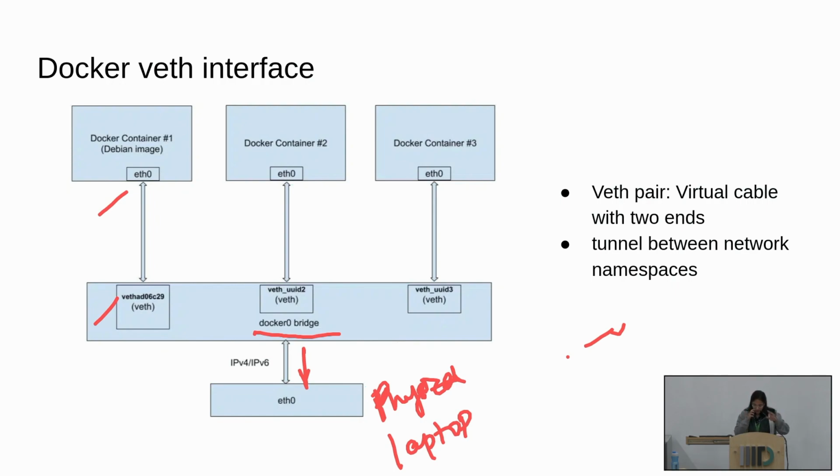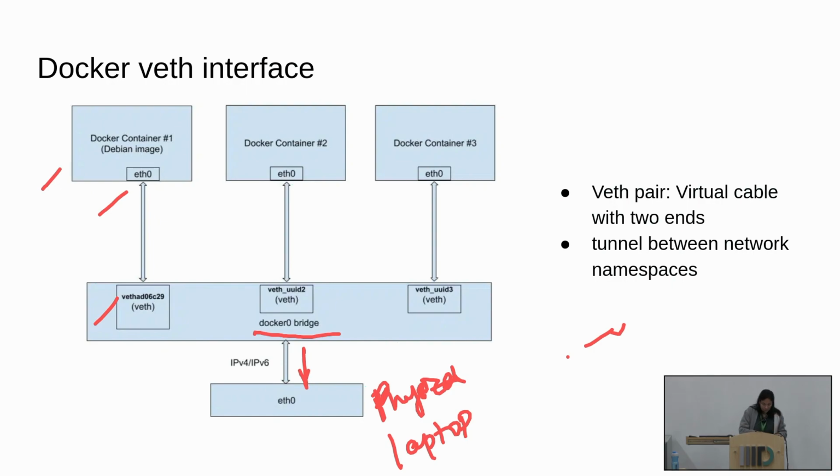As we spoke yesterday, every container will have its own network namespace, right? Any container that you create will have its own network namespace, but docker0 is in the default namespace. By default, when you have a Linux machine up, it has a default network namespace.